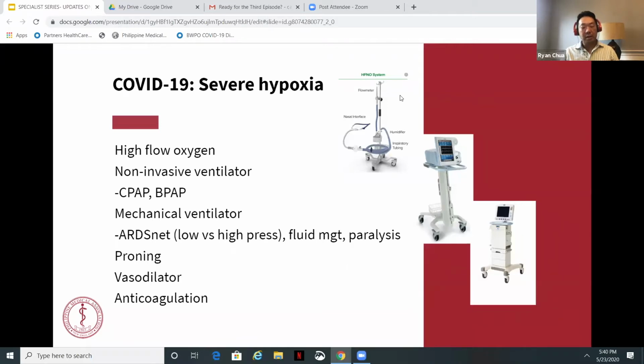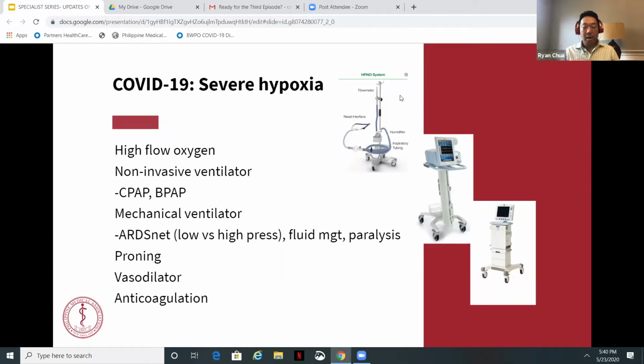And with that, it improves oxygenation for a lot of these patients. The downside with this one is not necessarily for the patients, but for the providers, there's a discussion that it can aerosolize the virus, which would make it more infective for the people caring for the patients.